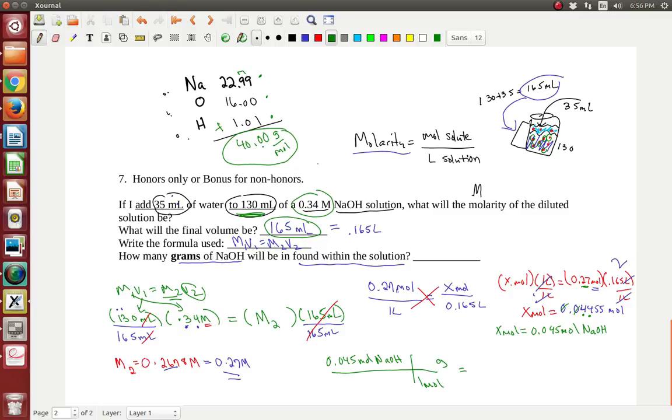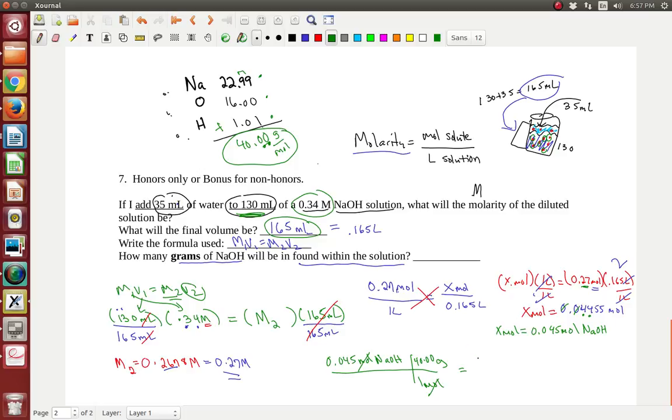And you need the sig figs to end here, because I asked for 2 decimal places, and when you're adding, you want to end at the decimal place. The place value is what is important for significant figures. So it's 40.00 grams per mole.